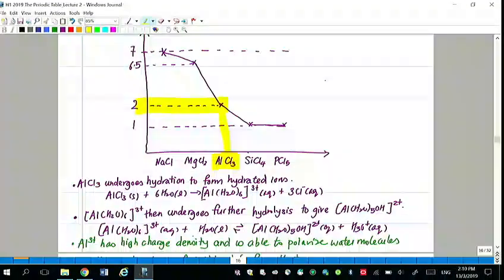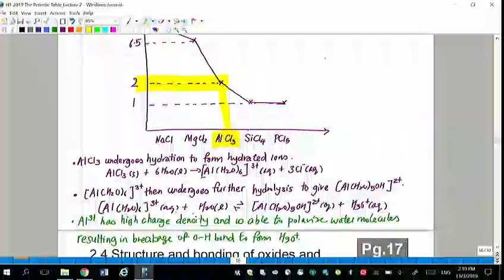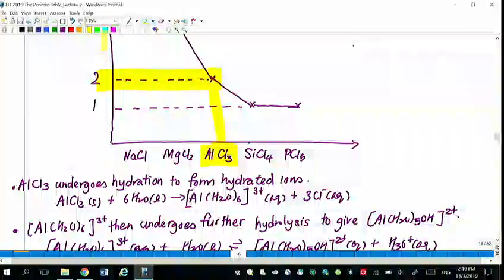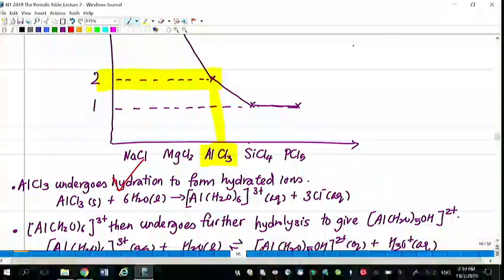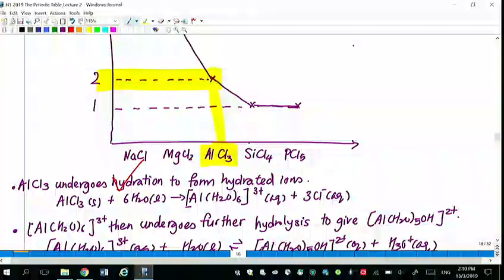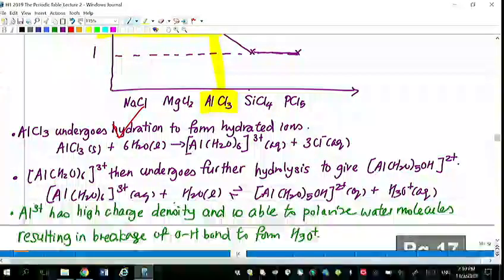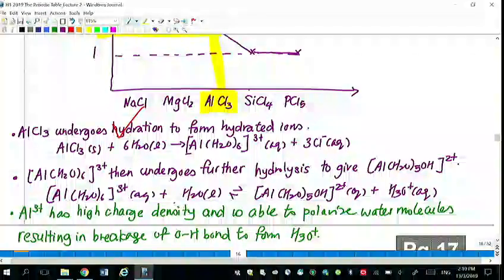First thing, you need to be able to describe it in words. Are you all able to see at the back? Never mind, let me just increase the size. Now, first thing, I need to say that it undergoes hydration. If I'm marking this question, how will I mark? First, I'll look for hydration. Did you mention this keyword hydration in your answer?